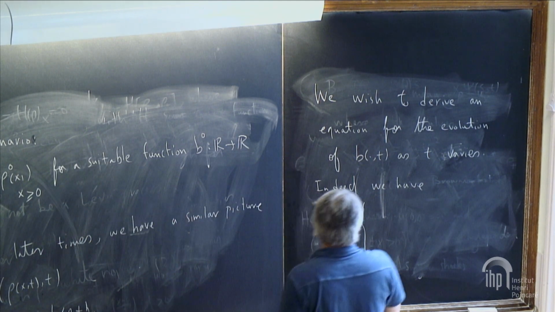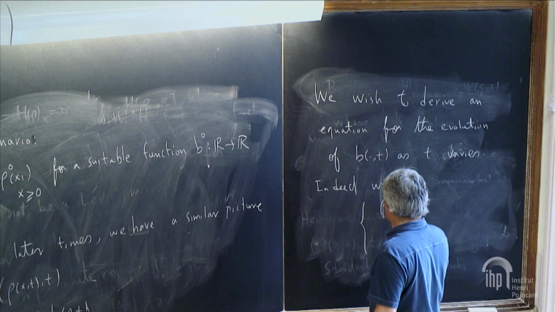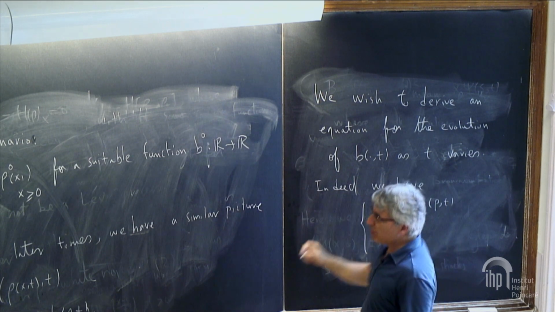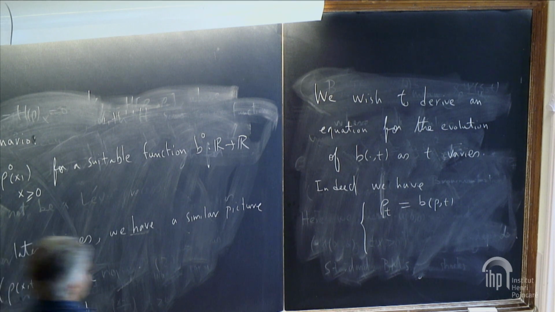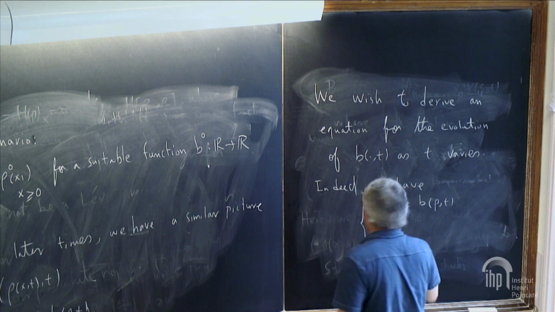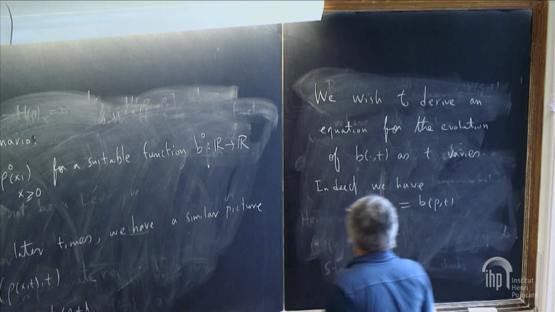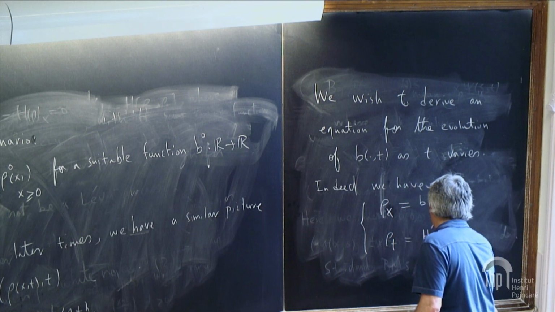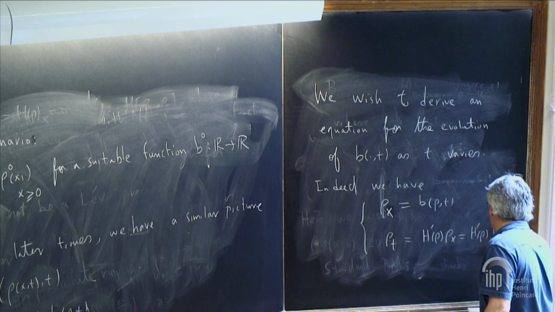Quite a natural question. Basically, we have two equations to keep in mind. Rho differentiated with respect to time equals b of rho t. That's one equation. Remember, rho differentiated with respect to x is given by b of rho, and rho differentiated with respect to time is given by h prime of rho x, but since rho x is b, it is h prime of rho times b.